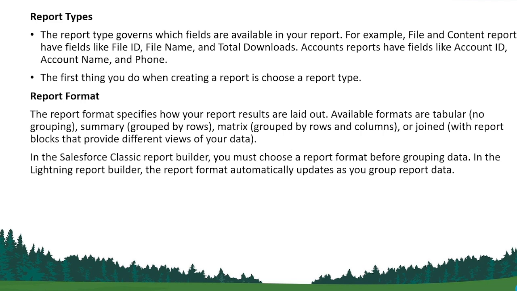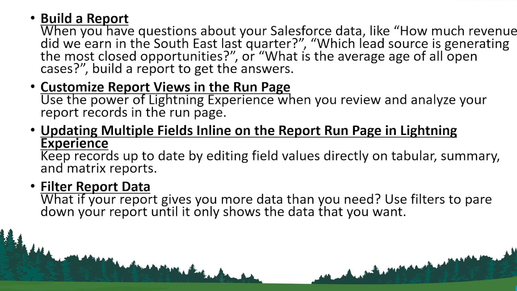You are just choosing the report format. You do not need to group the data. The Lightning report builder will automatically do it on your behalf. It will group the report data on similar attributes.